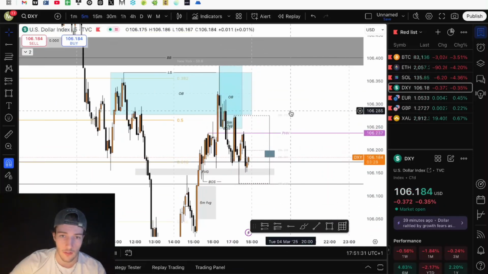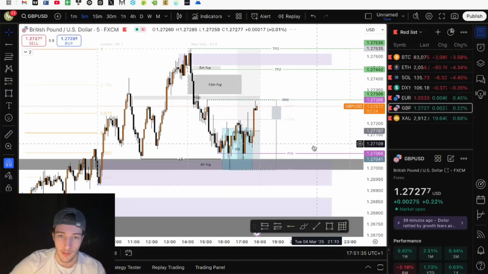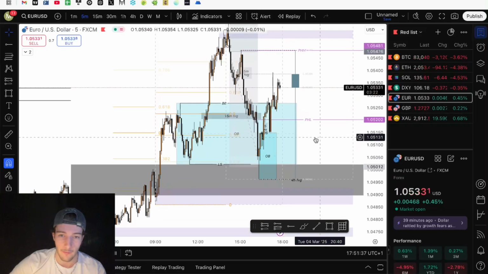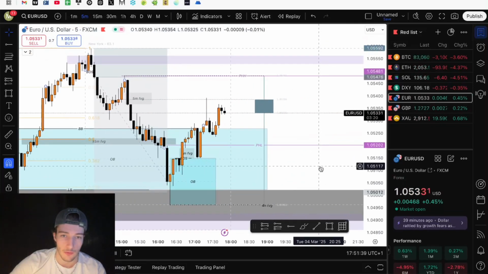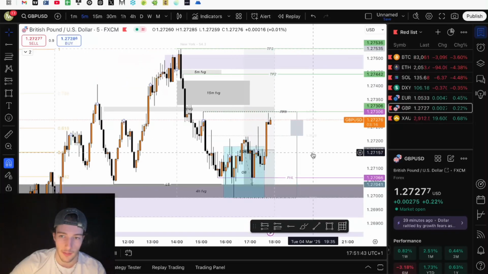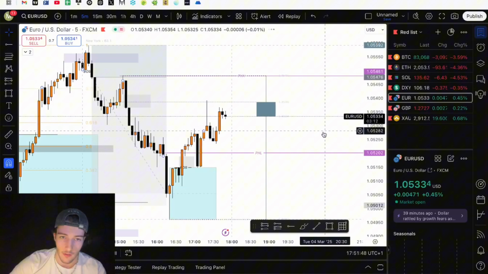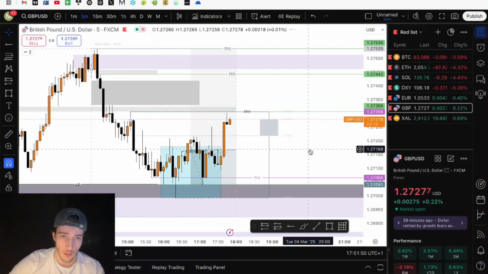Lessons learned: wait for the dollar to come back into that 5-minute bearish, and I have to learn how to choose between these two pairs, which one to long or short, because I genuinely don't know why I should have taken the long on euro and not on GU.